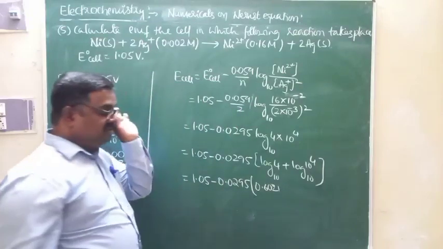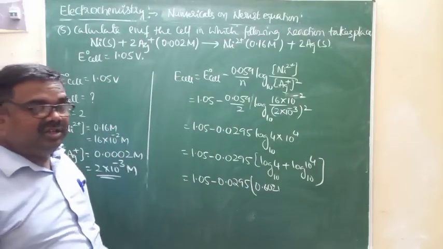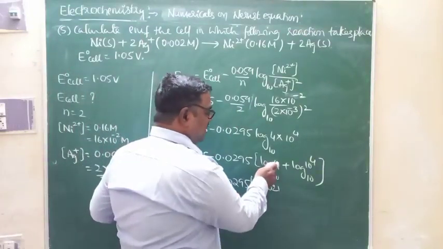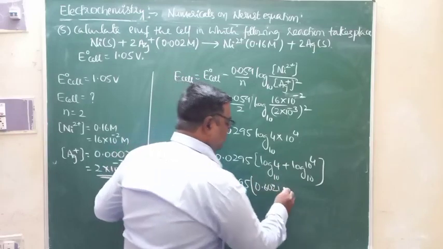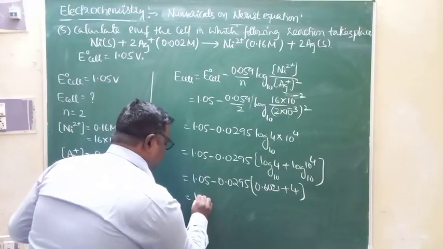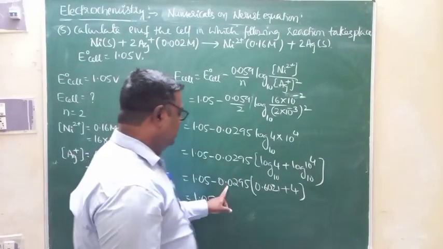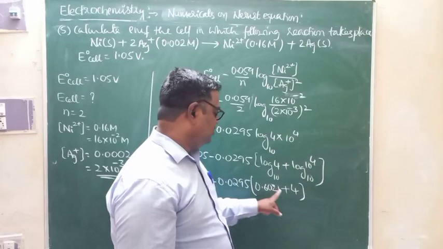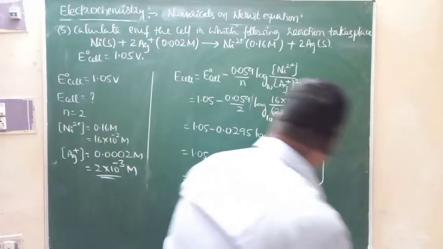Look at your logarithm table, at 40, you get 6021. Since there is 1 digit, it is 0.6021 plus the characteristic 4. Now it is 1.05 minus 0.0295 into 4.6021.